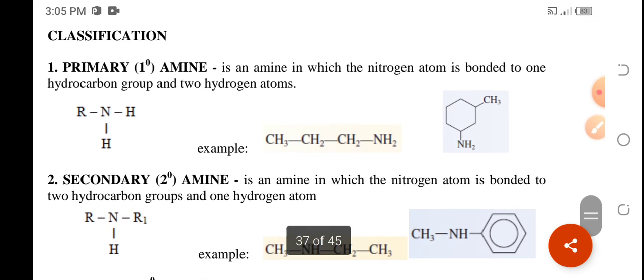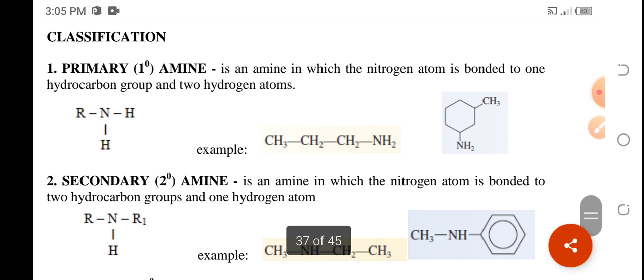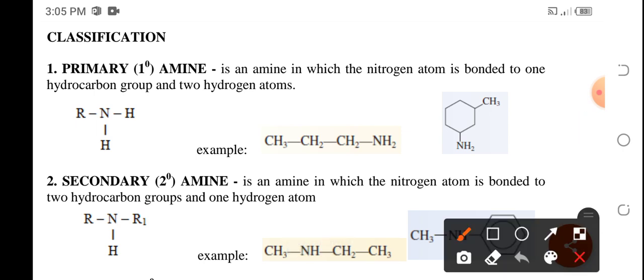Now we have three classifications of amine: primary, secondary, and tertiary. For a primary amine, this is an amine in which the nitrogen is bonded only to one hydrocarbon, and it should have at least two hydrogen atoms.